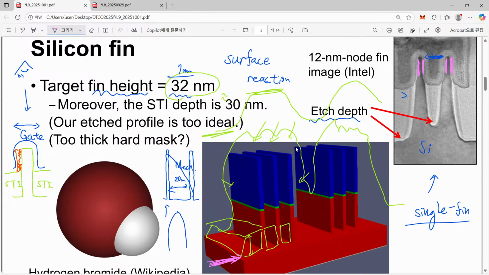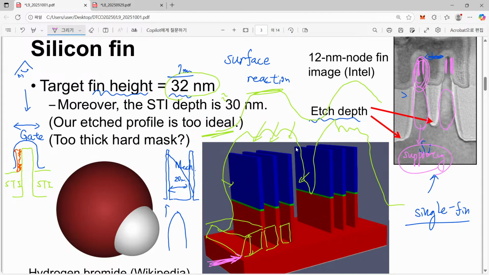But what is the role of this relatively lower part? This part is just working as a mechanically supporting layer for our electrically active fin layer.